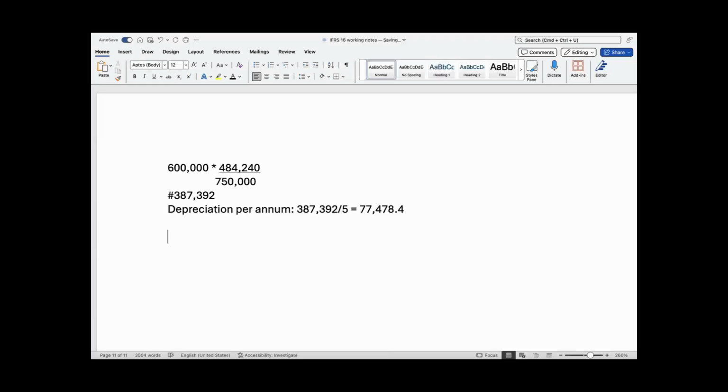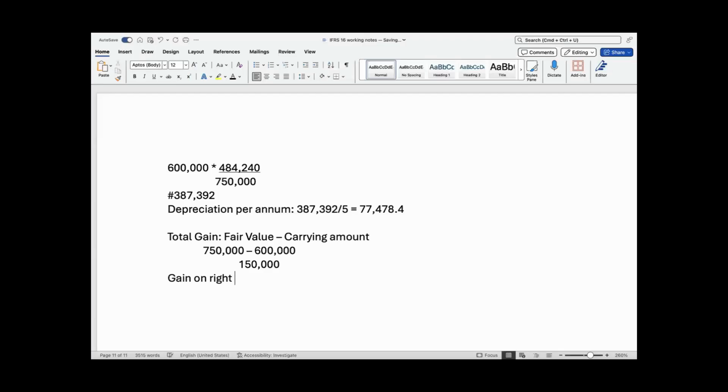Finally, I will then recognize the gain. The total gain is the fair value minus carrying amount. The fair value is 750,000. The carrying amount is 600,000. My total gain, therefore, is 150,000.